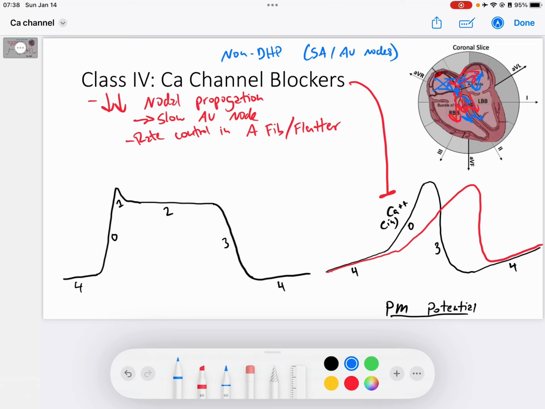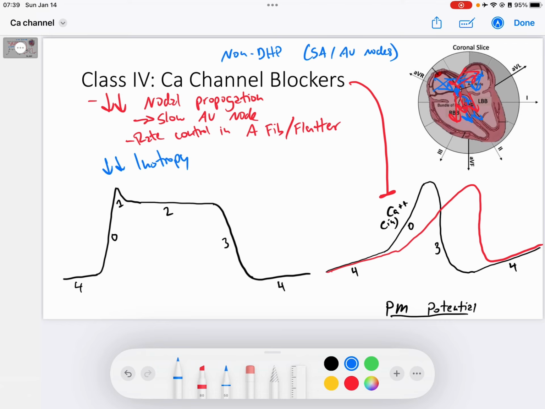You also have a little bit of a decrease in inotropy, which is the contractility, the squeeze of the myocardium. So these will decrease your blood pressure a little bit. They might decrease a little bit of calcium going into the vasculature and cause some minor vasodilation.